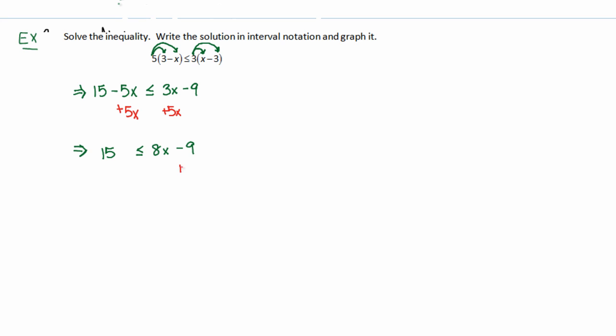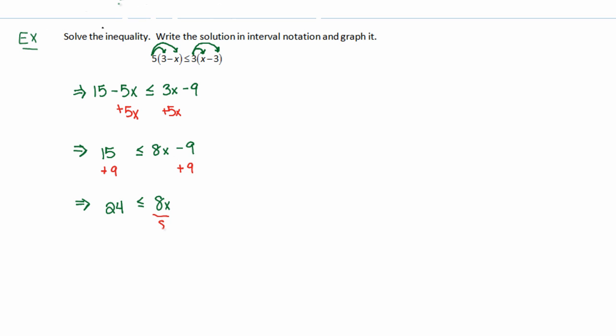Along the same lines, I'll add 9 to both sides. There's no rule about flipping signs when you add or subtract on both sides, so we don't have to worry about flipping signs when we do this. That'll be 24. Copy that sign, and I have 8x here. And now I'll go ahead and divide both sides by a positive 8.